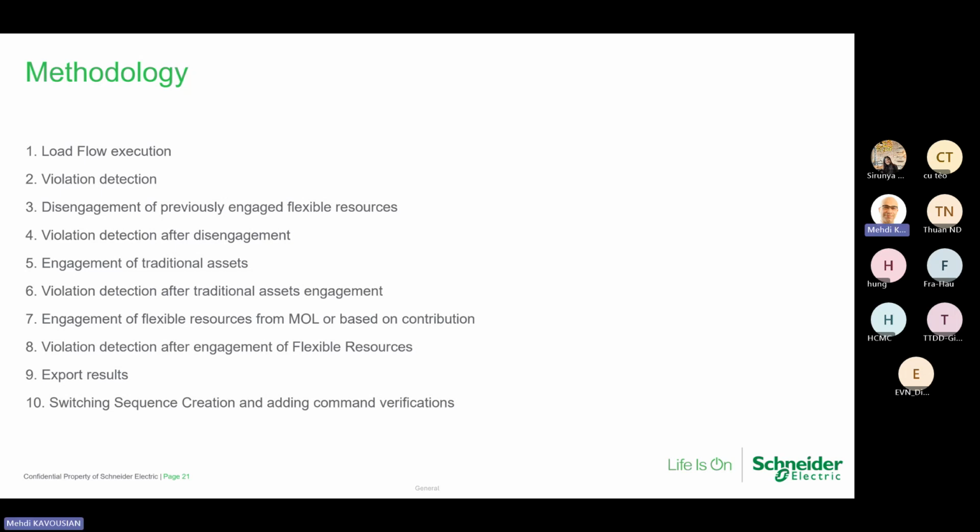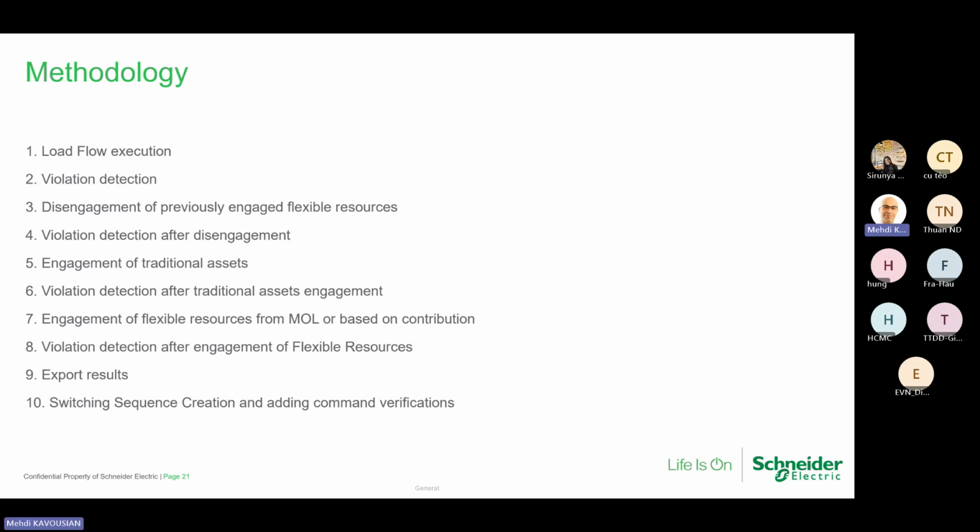If there are no violations, first it disengages anything that we had before, and then simulates the load flow with those engagements. So if you have new violations, we need to engage more. If the situation is resolved, based on the new state of the system, it will disengage those ones.